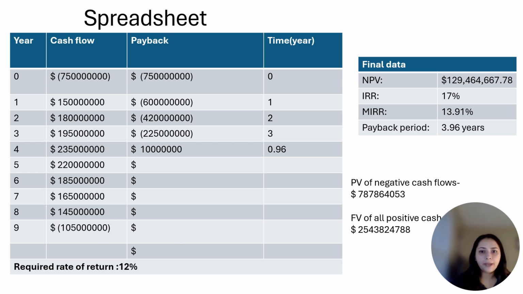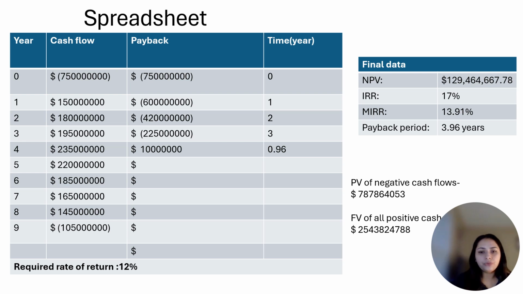For payback period, I calculated cumulative cash flow, where the break-even point is between year 3 and 4. The payback period is 3.96 years, which means the investment is recovered just before the end of year 4. For internal rate of return, I used the IRR function and got 17%.